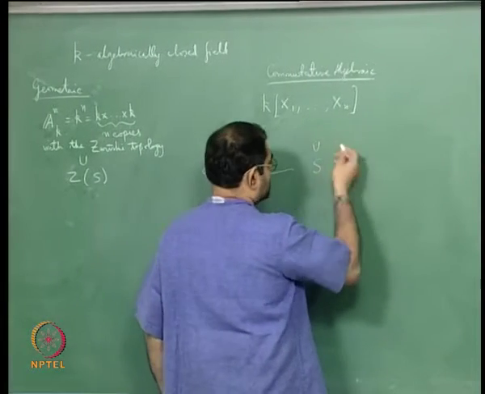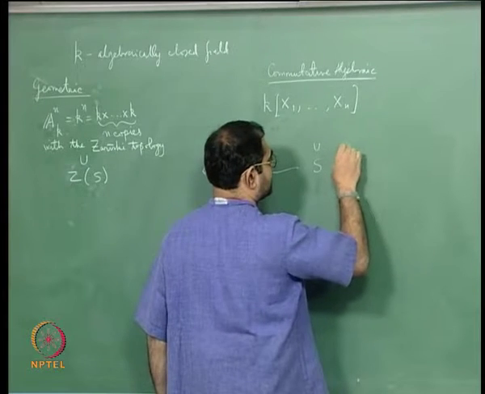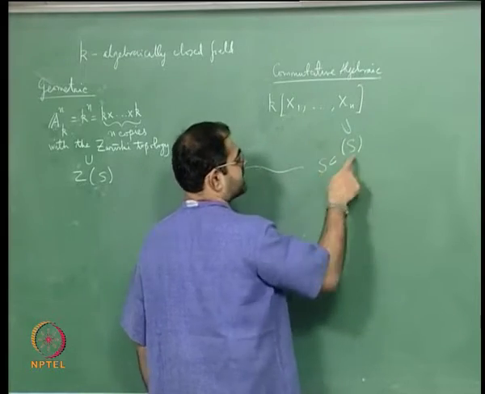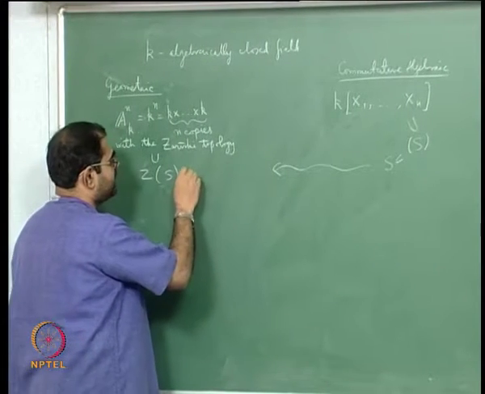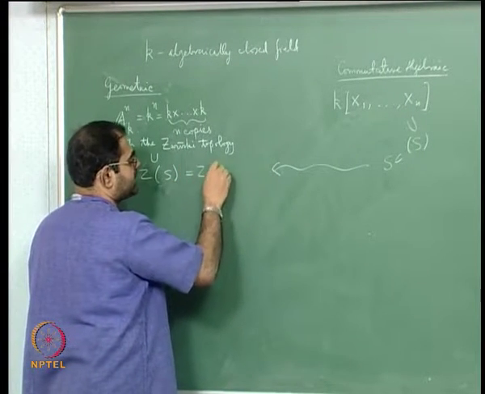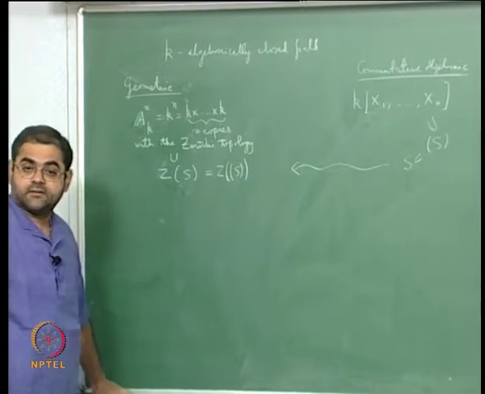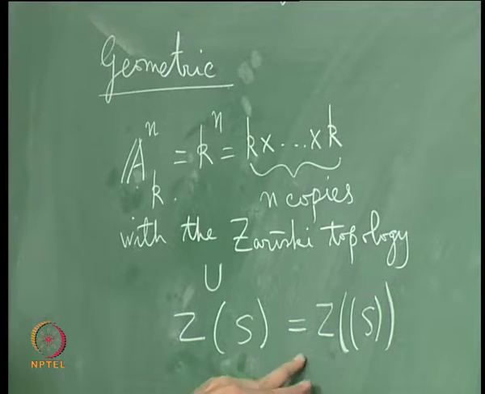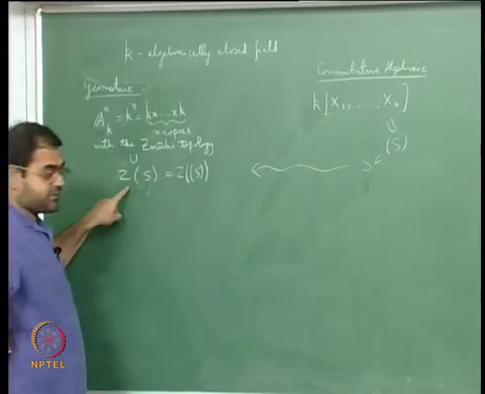So the upshot of all this is that you look at the ideal generated by this subset, which I put as bracket S, and then you see that if you take the zero set of the ideal generated by S, that turns out to be the same as the zero set of S. The zero set of the ideal generated by S is the same as the zero set of S. So what it tells you is that if you replace a set by the ideal it generates, you are not going to change anything here.